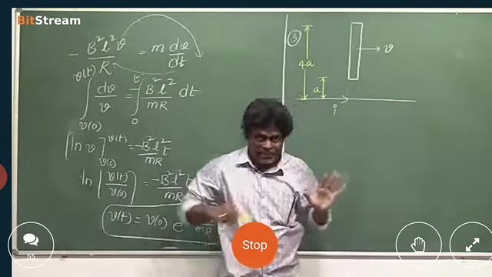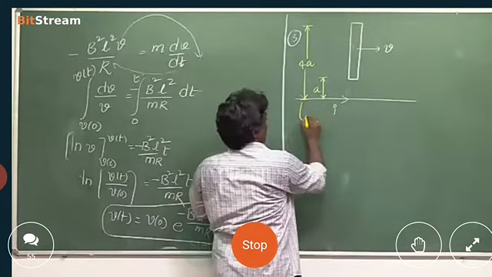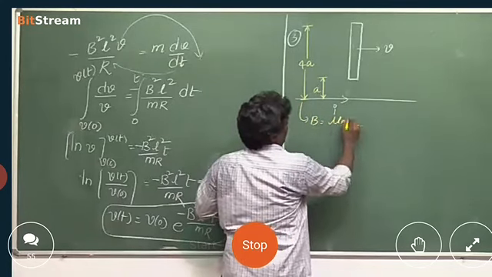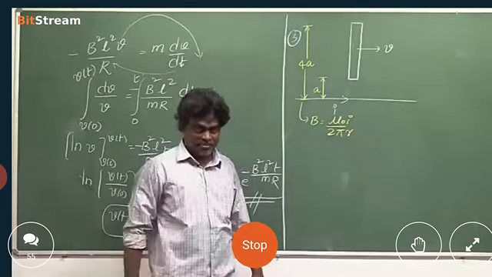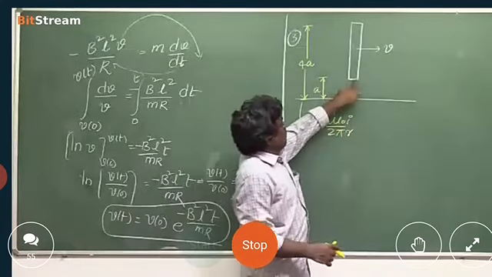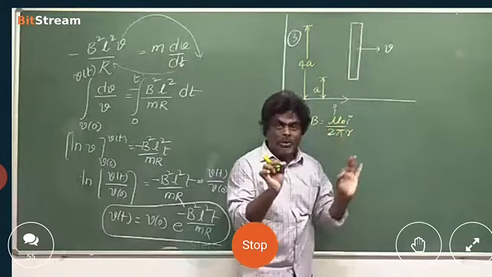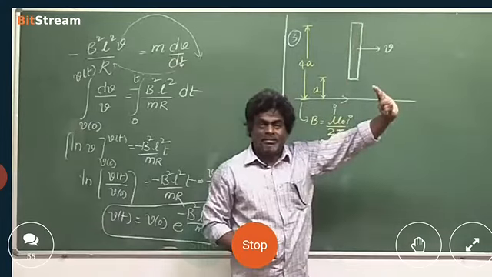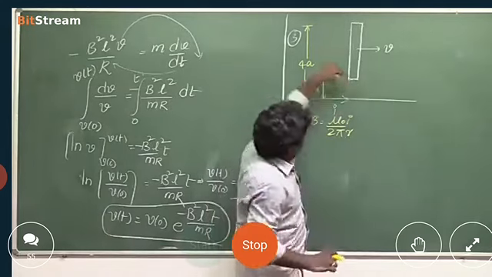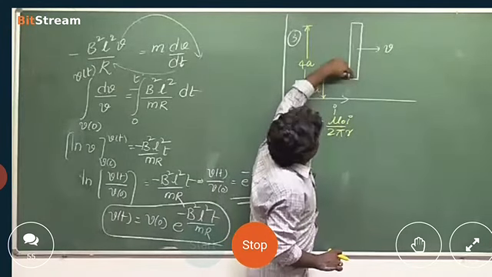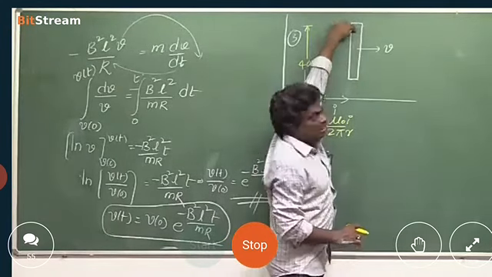This wire is giving you the magnetic field. Of course, everybody knows its magnetic field. Infinite wire, mu naught I by 2 pi r. r is the distance. Now tell me, from here to here, do you have the same magnetic field? No. It's a non-uniform magnetic field because here r is different, here r is different, here r is different.